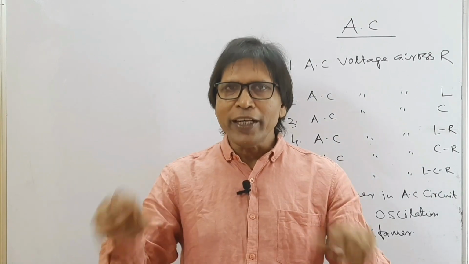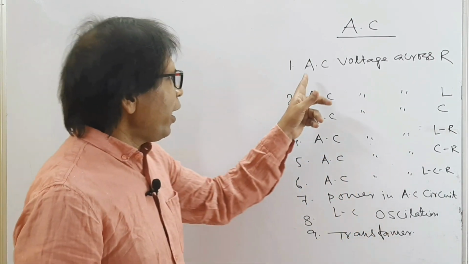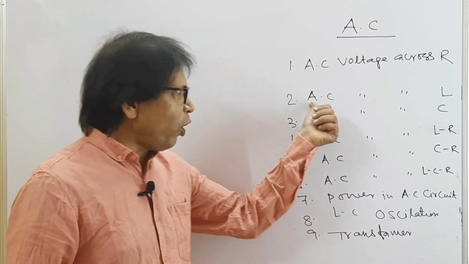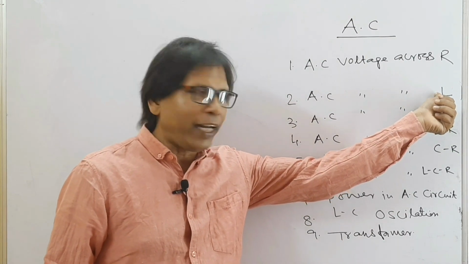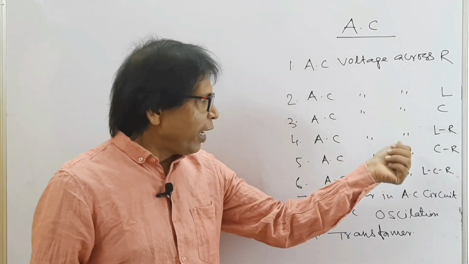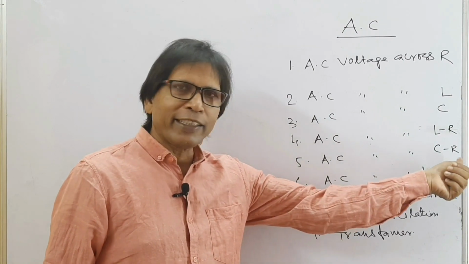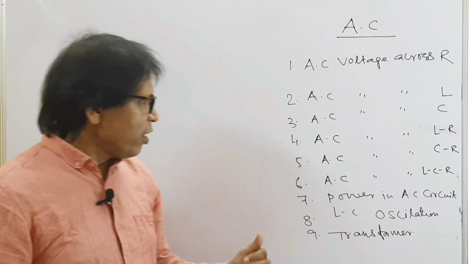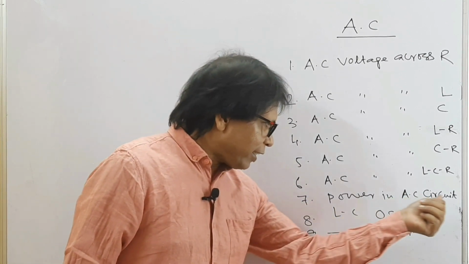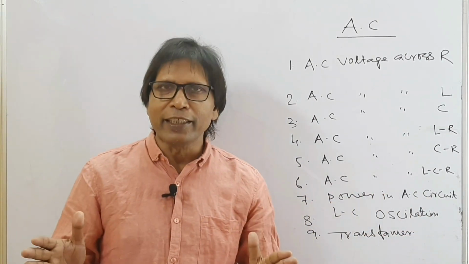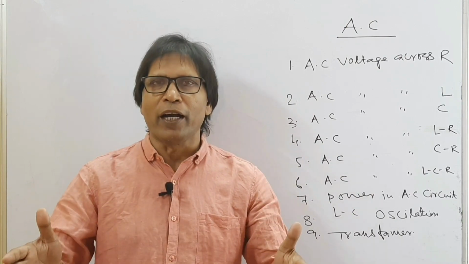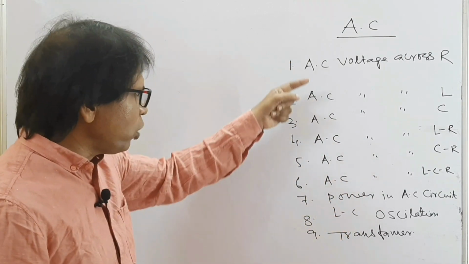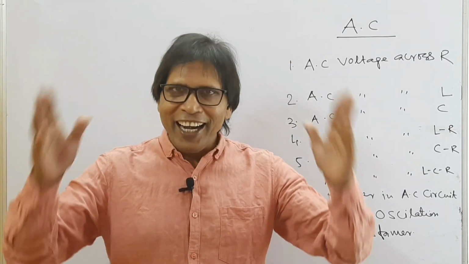Today's discussions are AC voltage across the resistor, AC voltage across the inductor, capacitor, LR circuit, CR circuit and LCR series circuit, the power in AC circuit, LC oscillation and finally transformer, and numericals of NCERT related to this topic. So let's start.